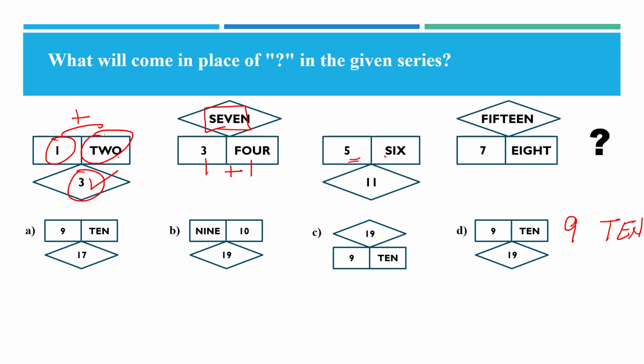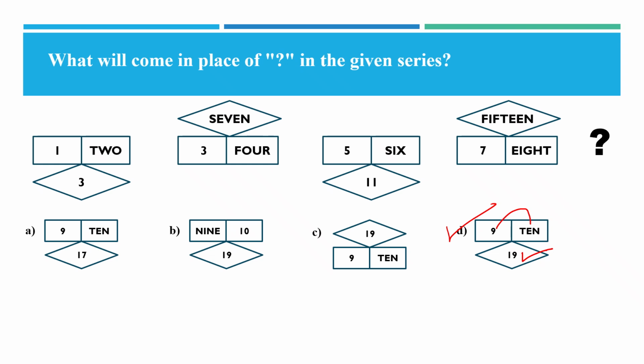Then 5, 6, 11, 7 plus 8 is 15. So 9 and 10, it's going to be 19. Great. It's going to be option D. Yes, it's 9 plus 10, 19.